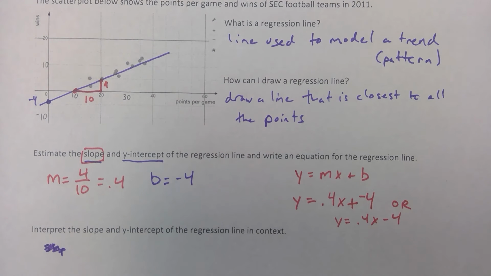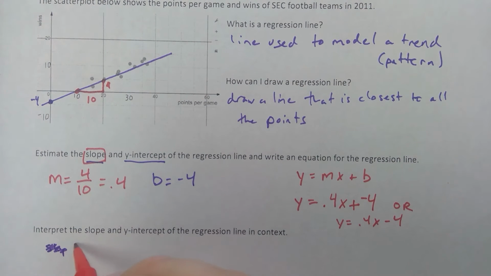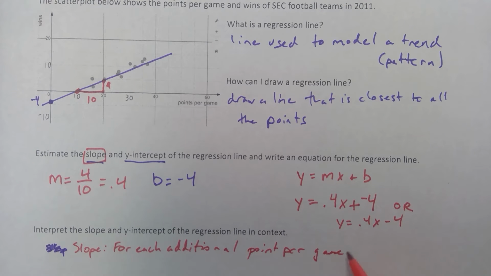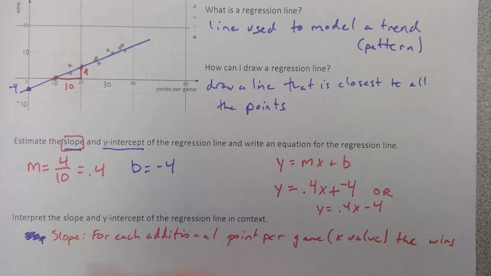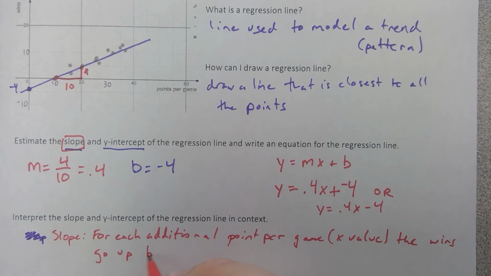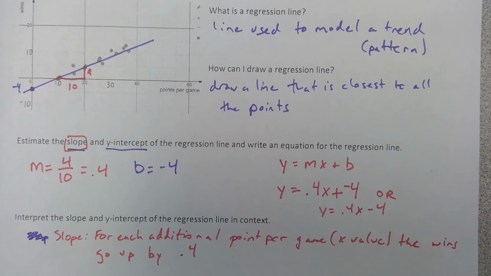Let Mr. Herman do some color coding here. The slope: we can say for each additional point per game, that's my x value, the wins go up by 0.4.